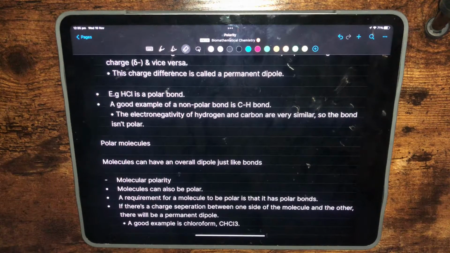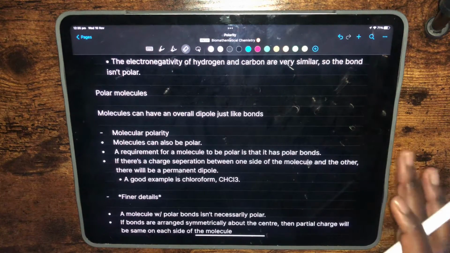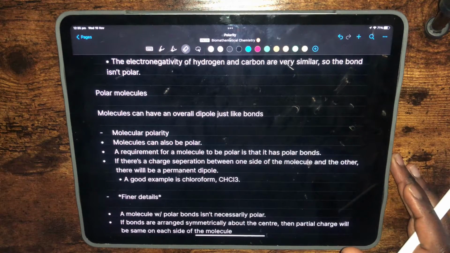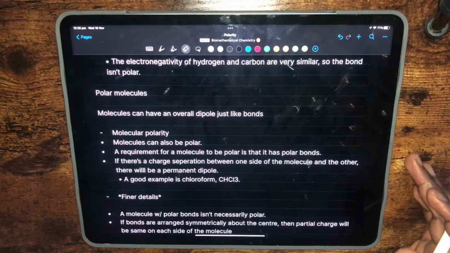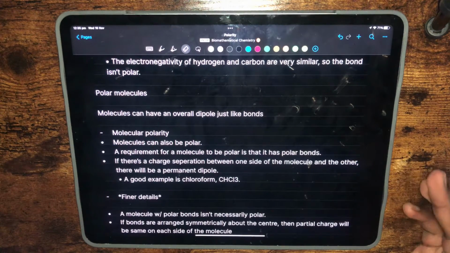Polar molecules. Molecules can have an overall dipole, just like bonds. So molecules can be polar. A requirement for a molecule to be polar is that it has a polar bond. If there's a charge separation between one side of the molecule and the other, there'll be a permanent dipole.